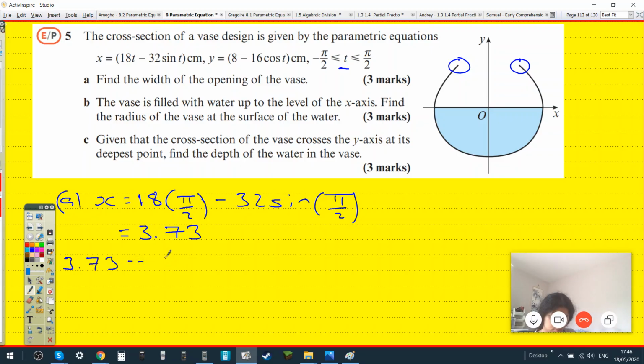It'd be better if you used answer getting like 5 sig fig. It's basically answer times 2. 7.45 centimeters. Okay. B.